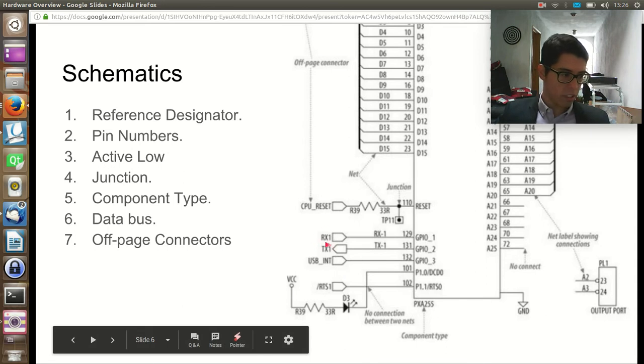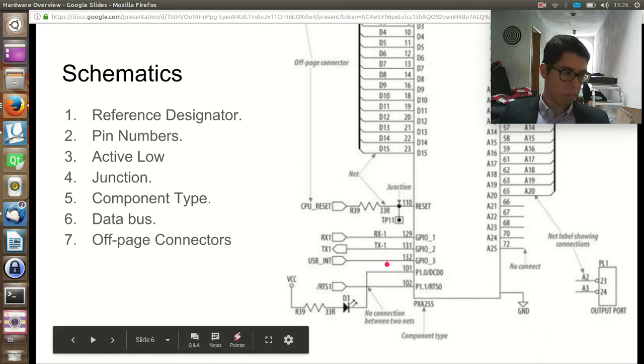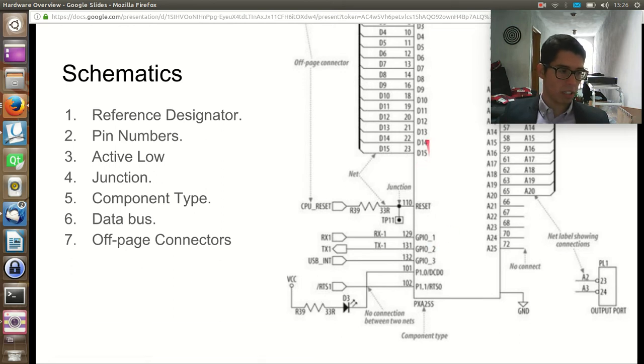RX1 and CPU reset are reference designators. Along with the reference designator, we also have the values and the pin numbers of the components. You have a microcontroller with a pin, and you are connecting components to those pins.